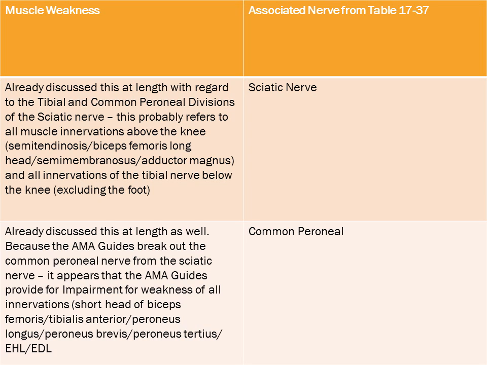Those are associated with the sciatic nerve. And then we've already discussed all of the muscle weaknesses associated with the common peroneal nerve as well.